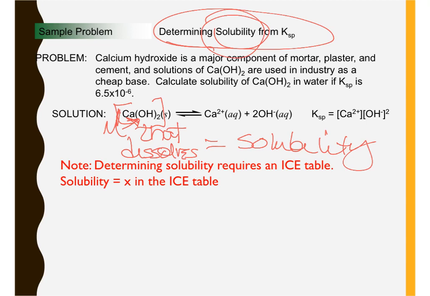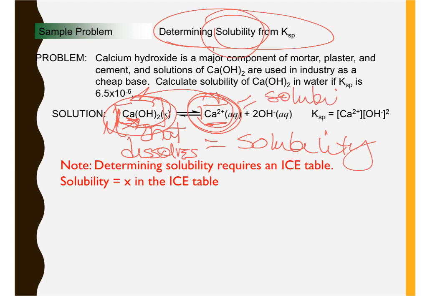Now, look at the stoichiometry. We can't really directly calculate the concentration of the slightly soluble salt that dissolves. But since there's a 1-to-1 relationship stoichiometrically between the calcium hydroxide and the calcium ion, we can figure out the concentration of calcium ion, and that will equal the solubility.